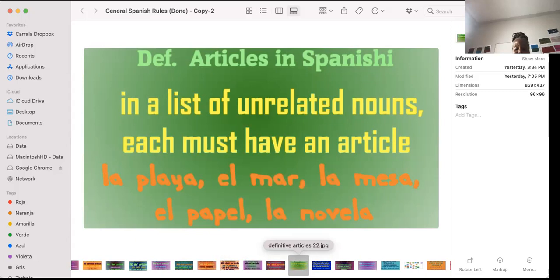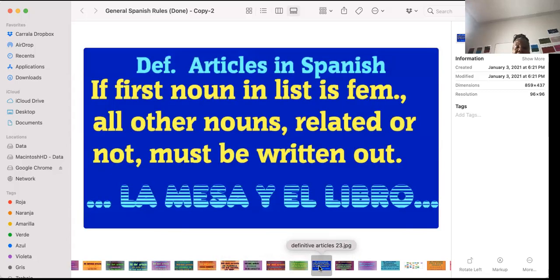But if the first noun in the list is feminine, all other nouns, related or not related, must be written out. So you have la mesa, el libro, el lápiz. And the only reason that you have to keep mentioning the article is because the first noun mentioned is feminine.